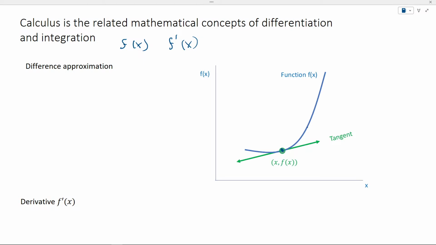Similarly, what is the rate of change at this other point? I can draw a tangent, and the slope of this tangent will be positive because I'm going up. What is the rate of change at this point? If I draw a tangent here and find its slope, the slope will be negative, so the rate of change is negative.